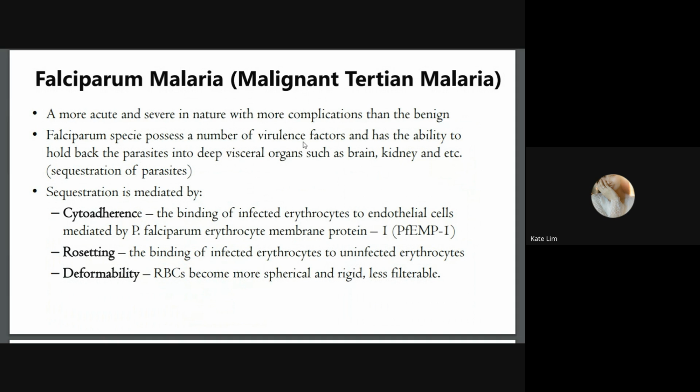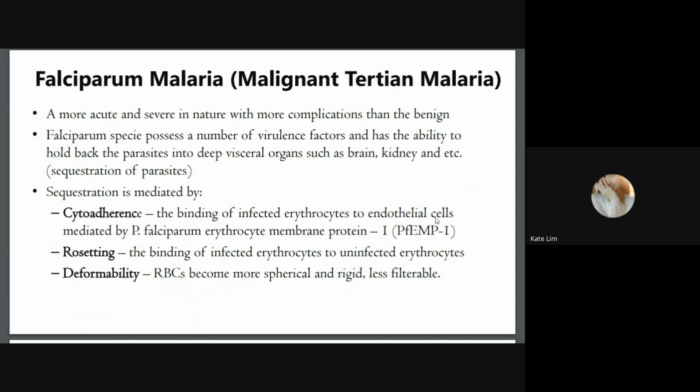When we say cytoadherence, cyto means cell, adherence, the binding. So this is actually the process where the infected RBCs bind to the endothelial cells lining the blood vessels. This is mediated by a protein called PfEMP1.